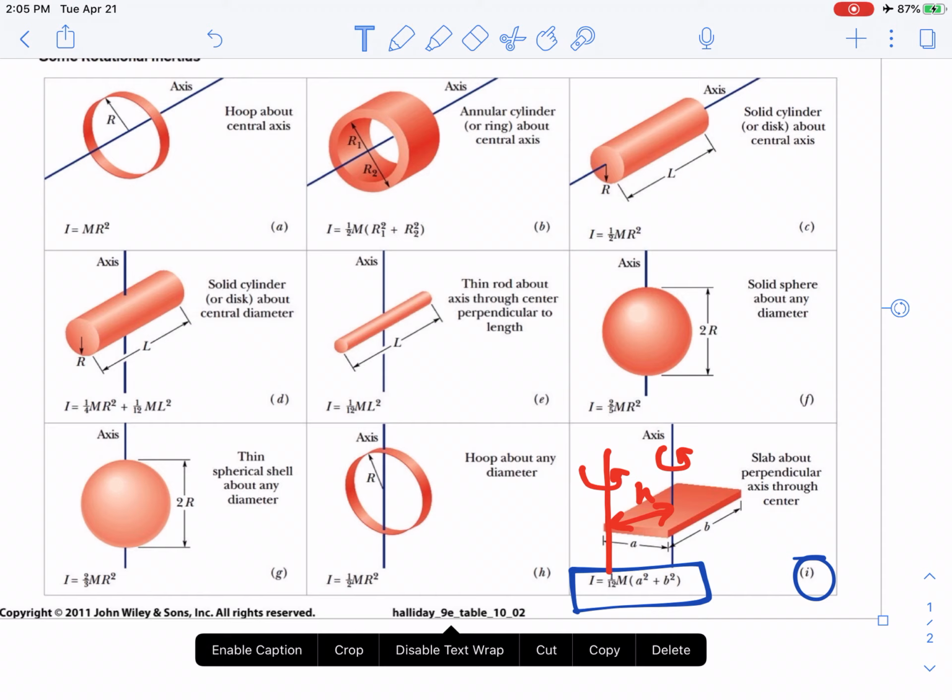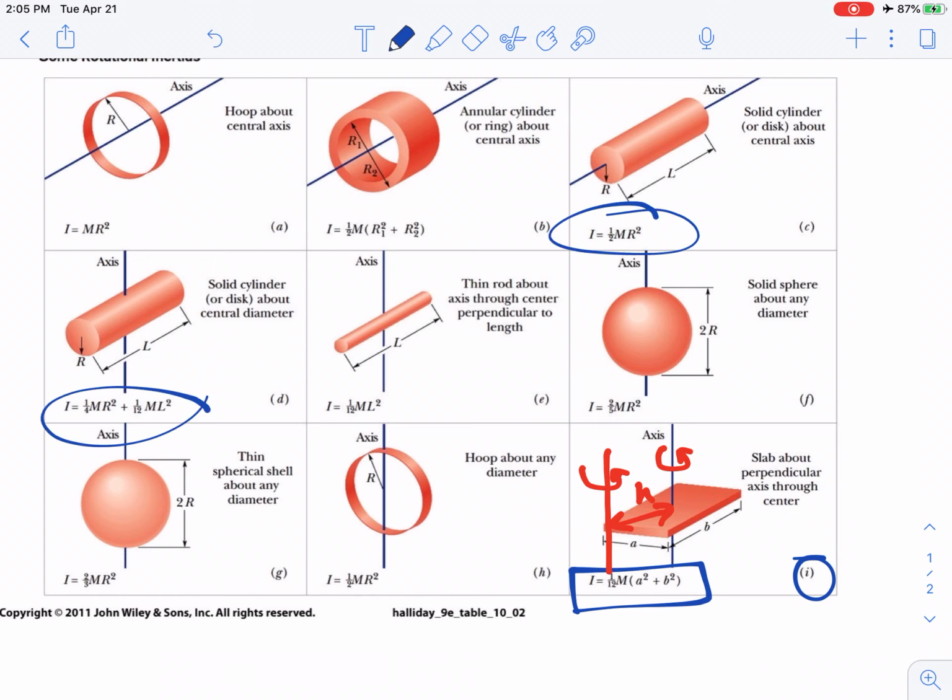In part D, you can see that again, the same object, solid cylinder or disc, but about the central diameter. So the rotation axis is different between part C and D, as you can see. And look at the inertia. They are different, right? Of course, it's going to be different because the mass distribution has changed. So moment of inertia depends on not just mass, but also the mass distribution.